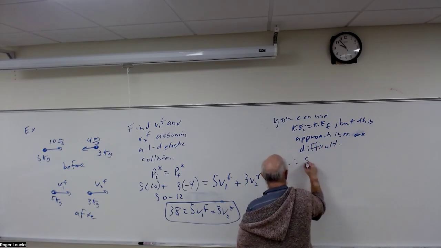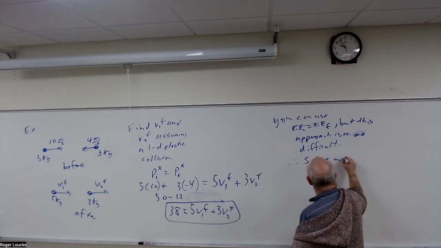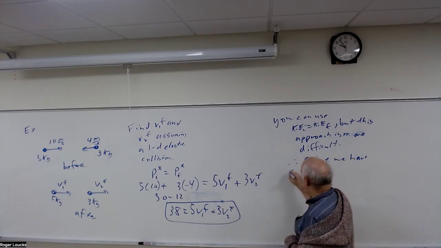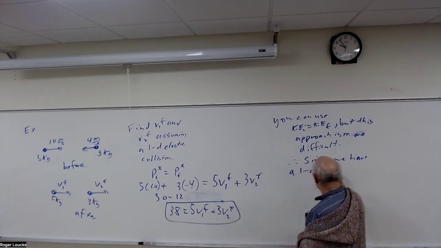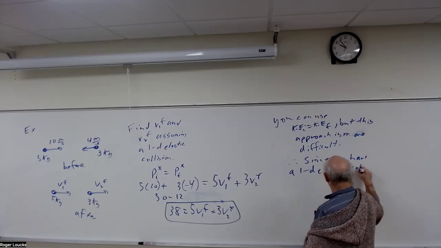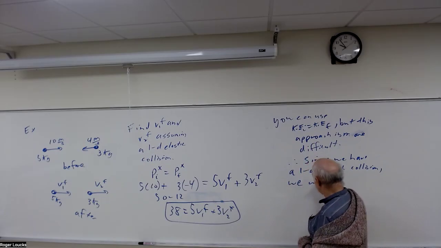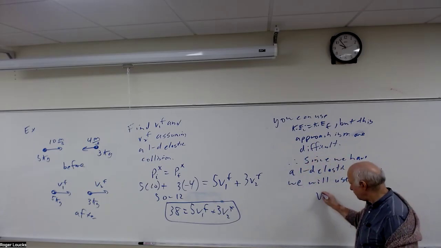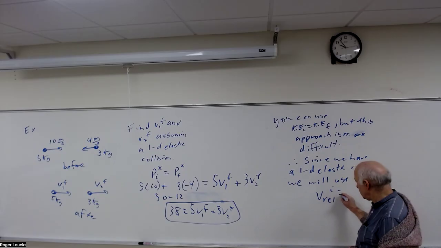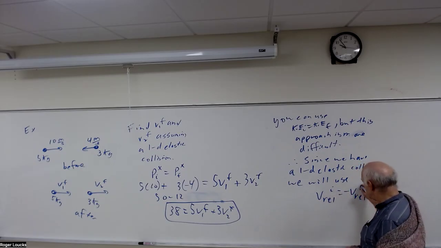So therefore, since we have a 1D elastic collision, we will use V relative initial equals minus V relative final.